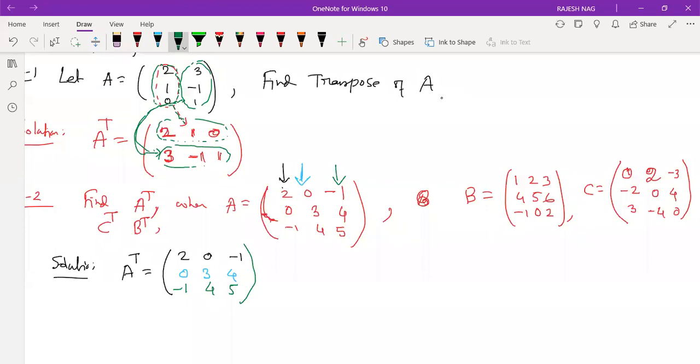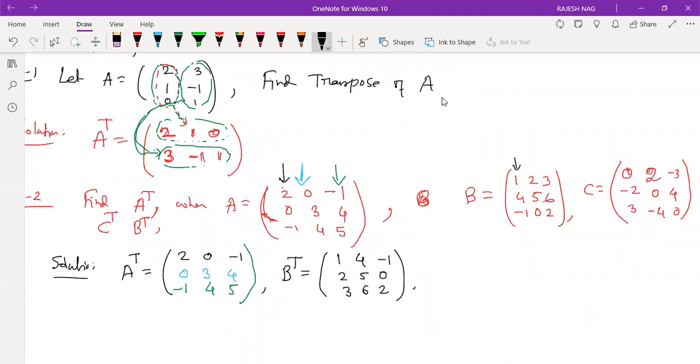Similarly we can write BT also. Let's just write it: 1 4 minus 1. Column wise check, write it row wise. Then 2 5 0. Second column is interchanged as second row. Then 3 6 2.